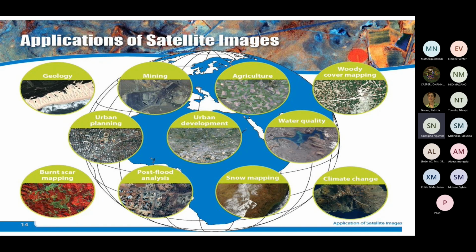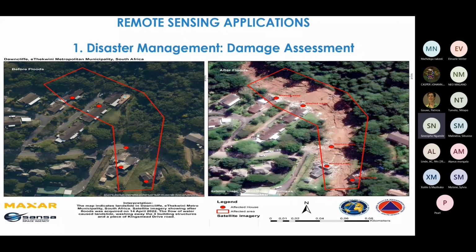And so the first example of an application is disaster management. This is an image of an area in KwaZulu-Natal when there were floods last year around April, I think. It shows a before image and an after image. The image on the left is before the floods, and the image on the right shows the after effects of the floods.